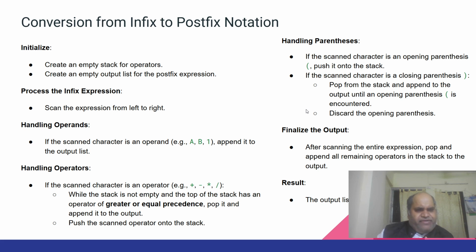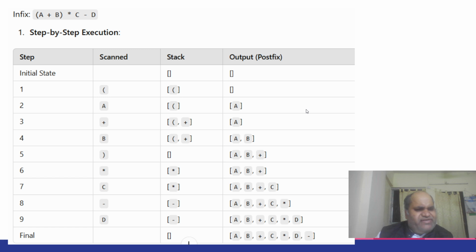Let's say there is an into, so into is pushed on the stack, and then you get a plus. What is going to happen is, since you have got into, everything that was on the stack will be popped, and plus will be pushed on the stack. And for parenthesis, your opening parenthesis will be pushed, and then every operator that comes will be pushed as it is. The moment you get a closing parenthesis, all the operators in between will be popped and appended to the output list. So these are the only two things that you have to understand.